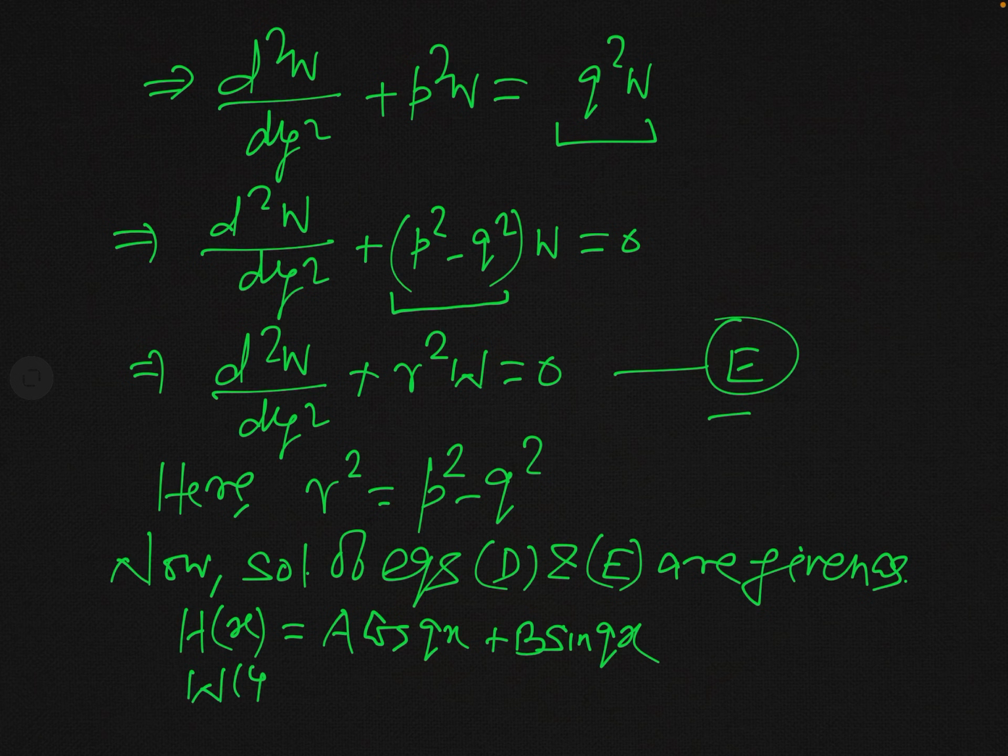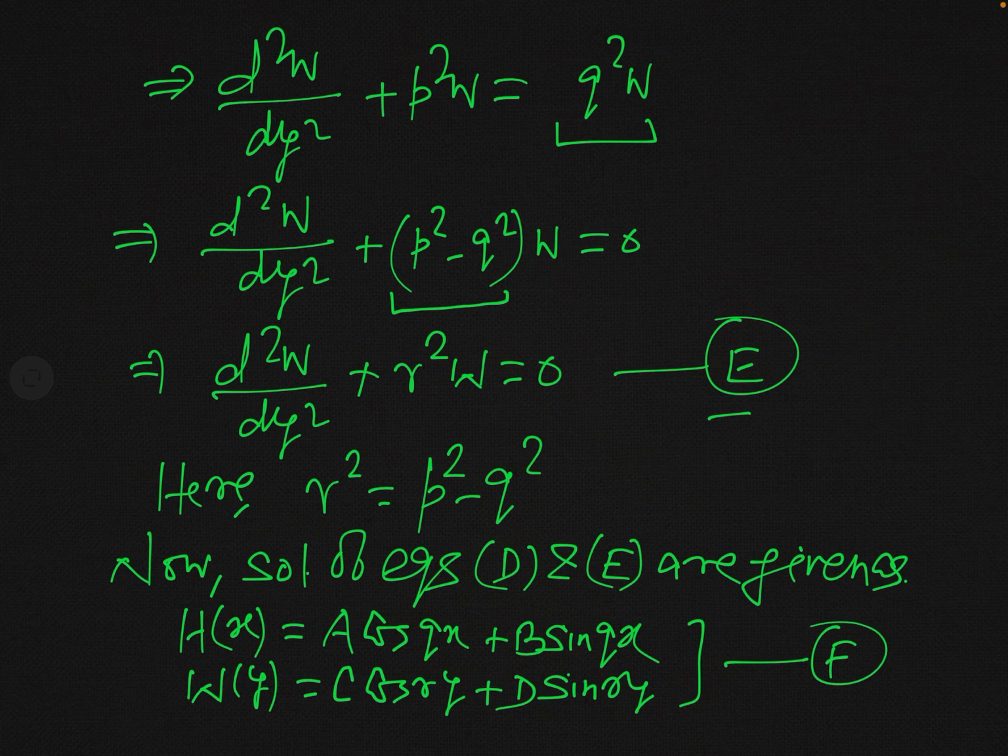This is w of y equal to an arbitrary constant, let us say c cos ry plus d sin ry. So let us say this is equation F. Here A, B, C and D are arbitrary constants.